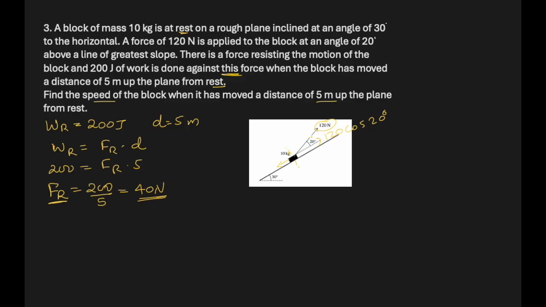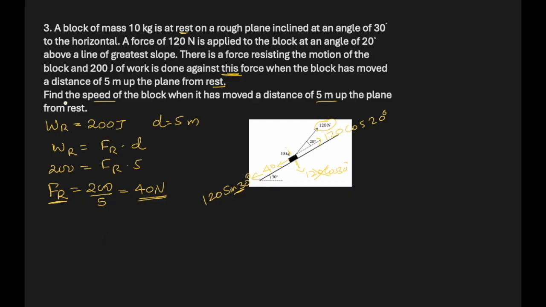Just the 120 cos component is enough. So let's not confuse ourselves. We'll write 40 newtons, the resistive force in this direction, and also there will be a component of the weight which will be 120 sine 30 degrees. It is always the sine component in this direction because the cos component of the weight, 120 cos 30, is perpendicular, but we are not going to use it because Fr is given to us.